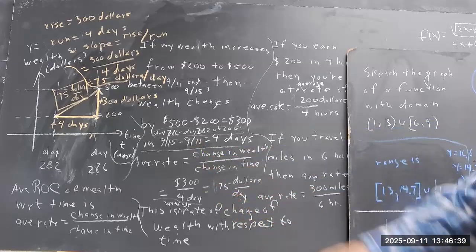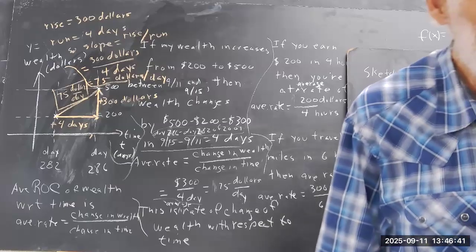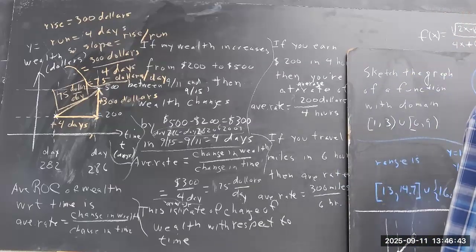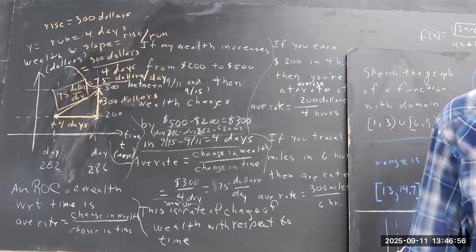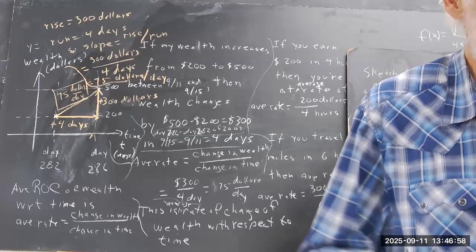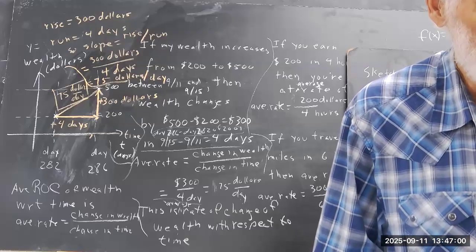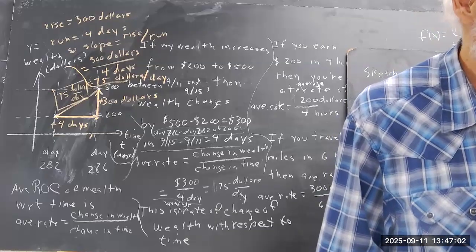This average rate of change idea, or the rate of change idea, is the entire foundation of first semester calculus. It's all first semester calculus really talks about, although it talks about a lot of machinery to develop an instantaneous rate of change that we're not going to talk about. Okay, that's the first thing you do in calculus.